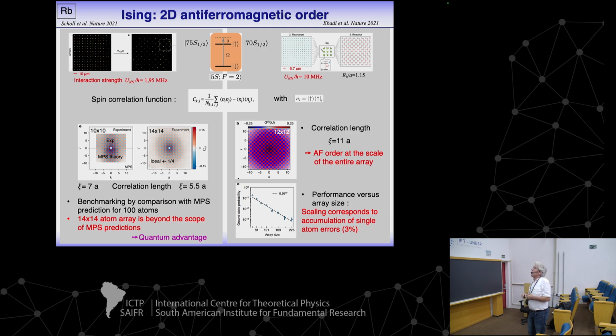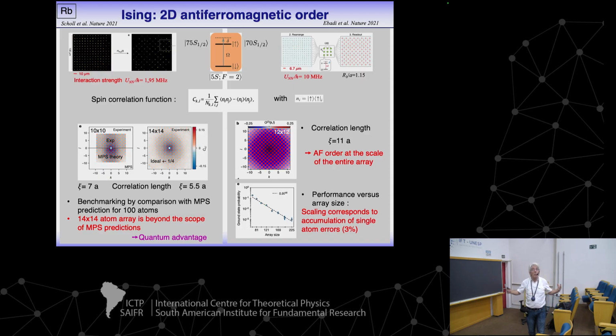So then, to make you feel the limit of the numerical simulation based on MPS, you can say, okay, MPS is there, we don't need the simulator. So a little bit of increase in the size of the simulator may put the system out of reach of the MPS technique. So here they go from an experiment with a 10 by 10 lattice, 100 atoms, to 14 by 14, around 200 atoms. And then you are unable to predict what you measure within a realistic calculation time using MPS.